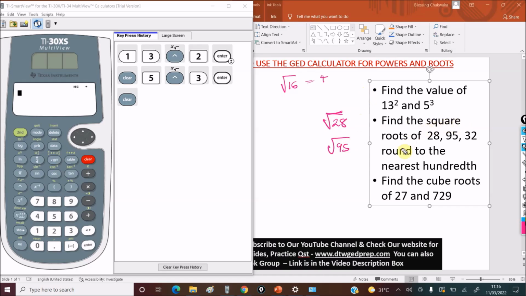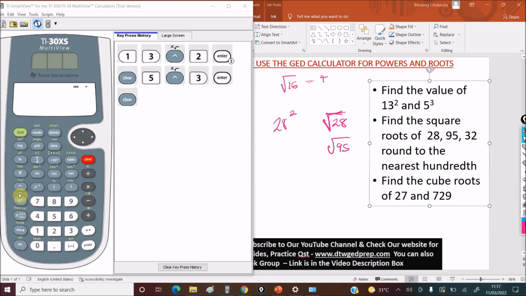So that's square root. Square root is different from finding the square. If the question says find the square of 28, it means 28 raised to the power of 2. But this is find the square root. I'm going to show you how you find the square root with your GED calculator. This is the square root function here.